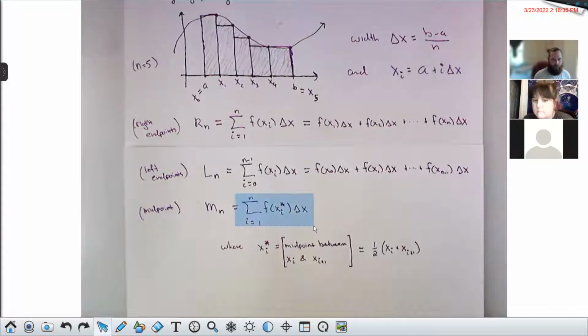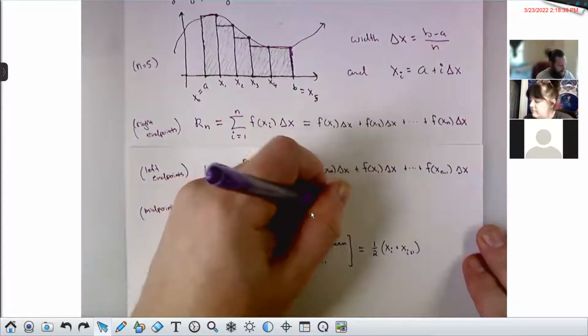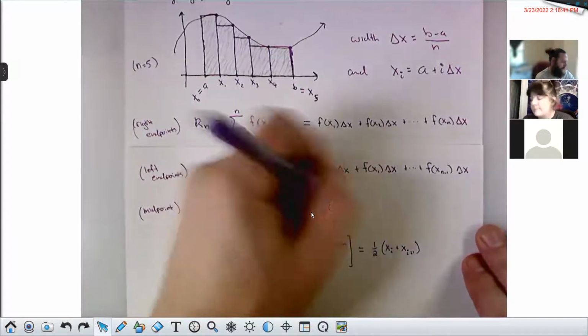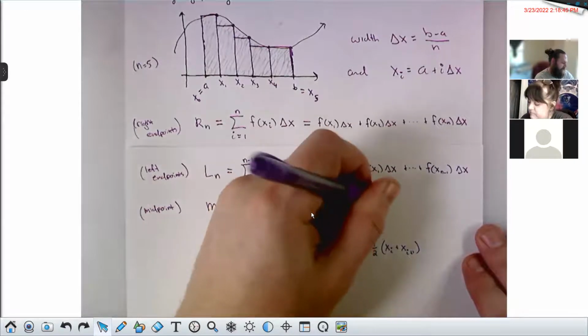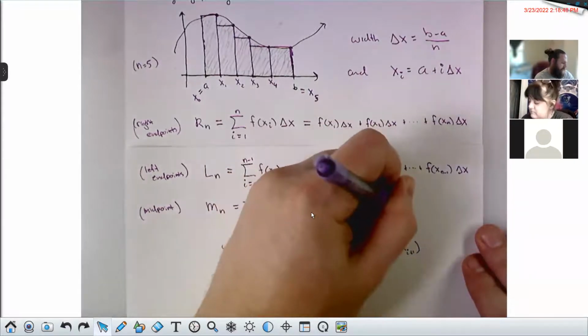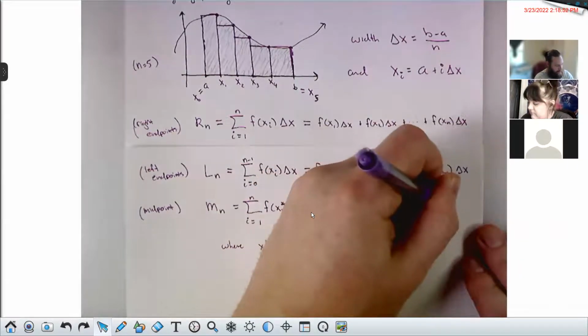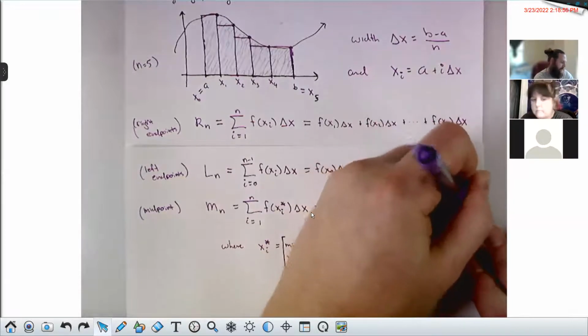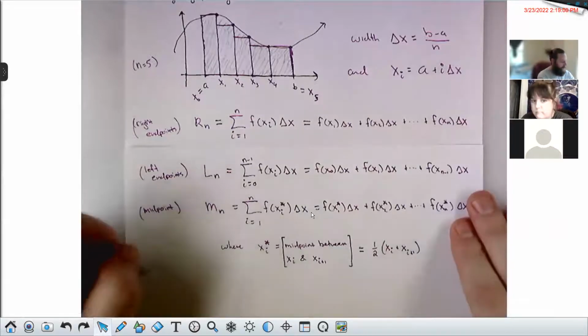We can write this out long form also if you want. Of course, this would be f of x1 star delta x plus f of x2 star delta x out to f of xn star delta x. And there was one more, the trapezoid rule.